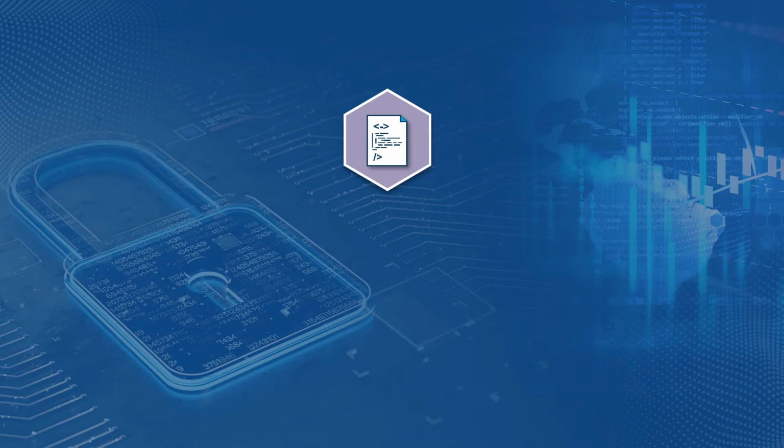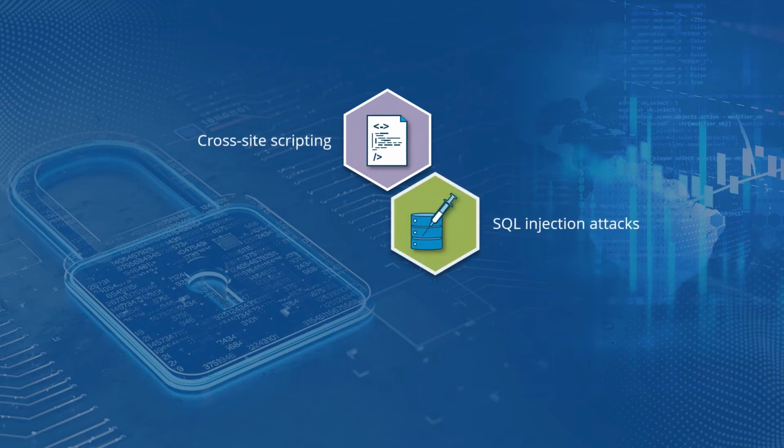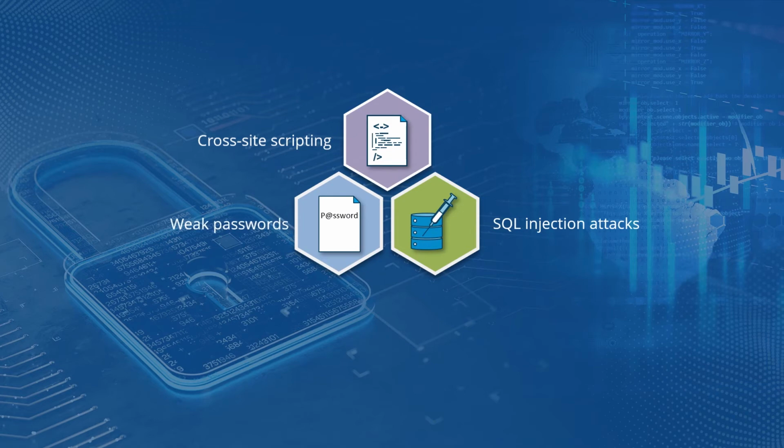But what you're typically looking for here is any cross-site scripting vulnerabilities that can be found, or any SQL injection that you can do against that organization to give you access to their database. If you can find weak passwords, that's great. This should not be an issue in 2019 or 2020, but it still is. This is still ongoing. We still see weak passwords all the time.